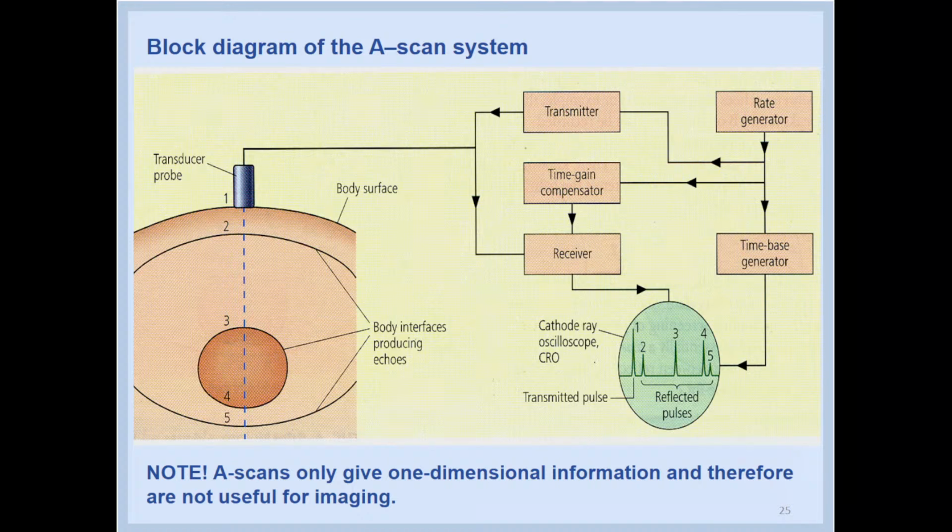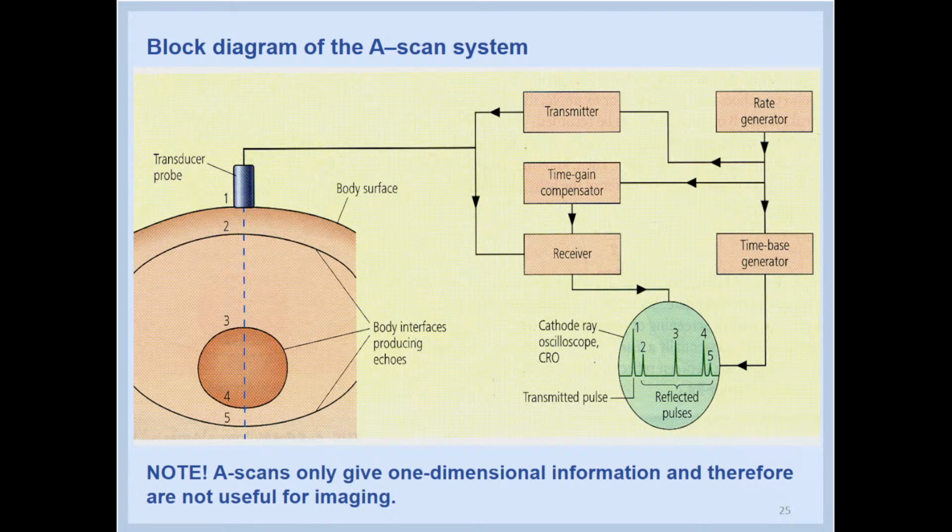It applies proper voltage at regular intervals to activate simultaneously the transmitter, the time-base generator, and the time gain compensator. Note, by this means the time measuring instrument, that is the cathode ray oscilloscope, is synchronized with the transmitter-receiver system.